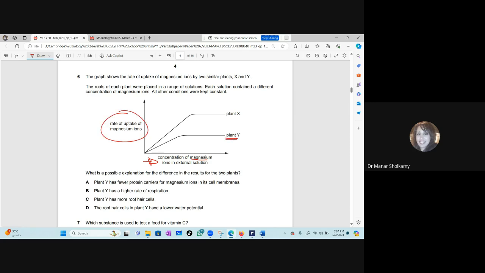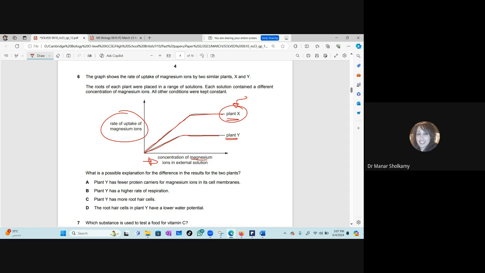You have plant Y, and then you have plant X. You have an increasing rate of uptake, and then it becomes constant. There was a greater rate of uptake of magnesium by plant X, not plant Y.